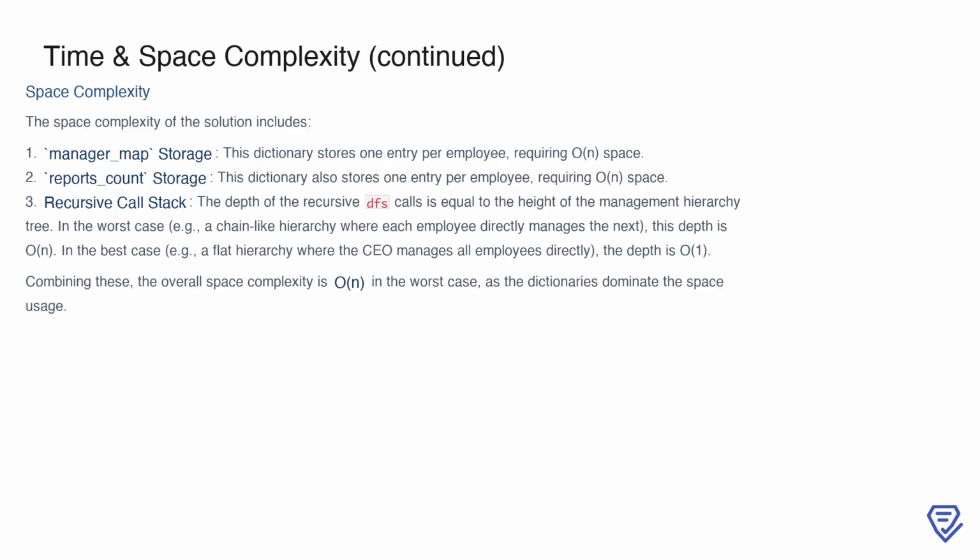In the worst-case scenario, where the hierarchy forms a single chain of employees, the recursion depth could reach O(n). On the other hand, in the best-case scenario of a flat hierarchy, where the CEO directly manages all employees, the recursion depth is only O(1). Combining these factors, the overall space complexity in the worst case is O(n), as the dictionaries dominate the space usage.